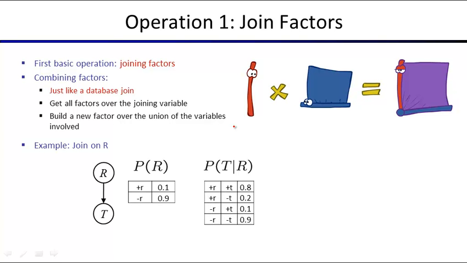If you had P(R) and P(T given R), what are all the variables here? You have R and T. That's it. So your table would be something with R and T. R and T are both capitals here. They're both variables, so we need all possible combinations.